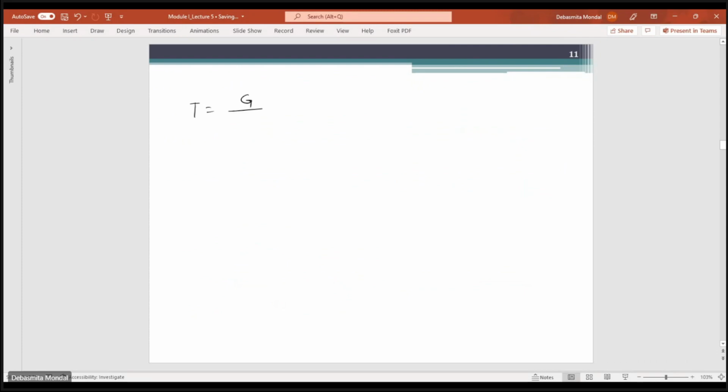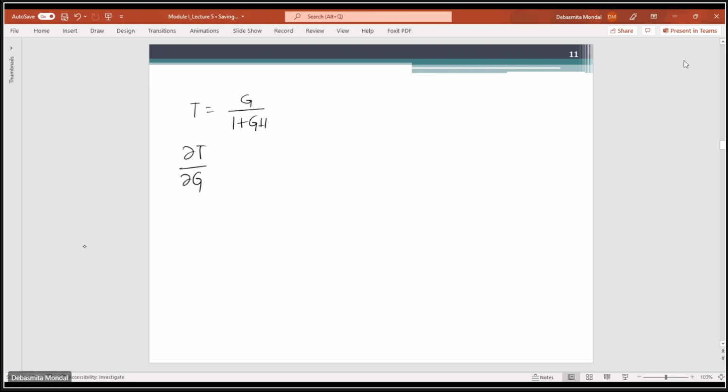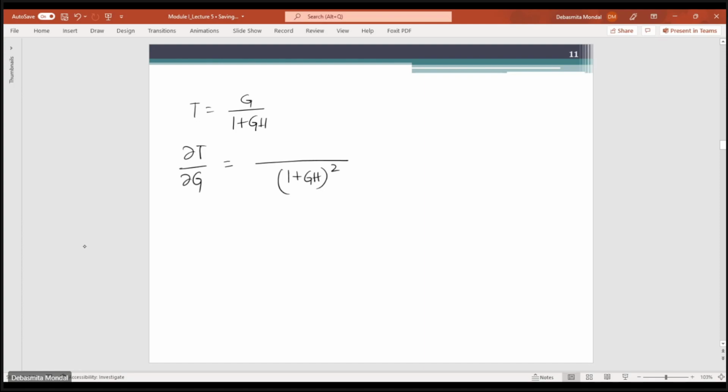So now you have T equals G by 1 plus GH. Now find the value of del T by del G. Am I writing the equation right?